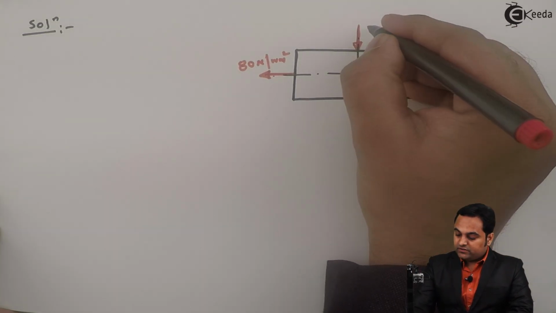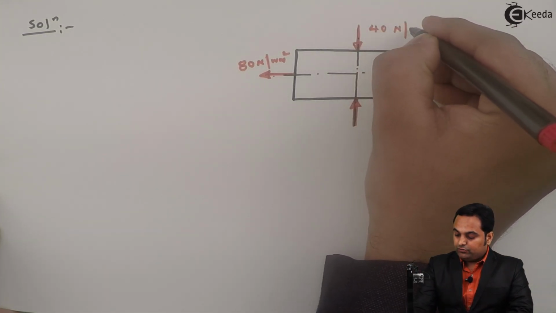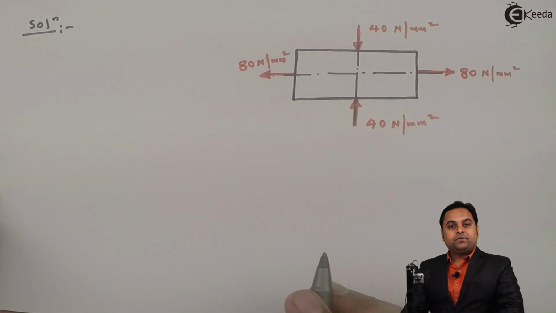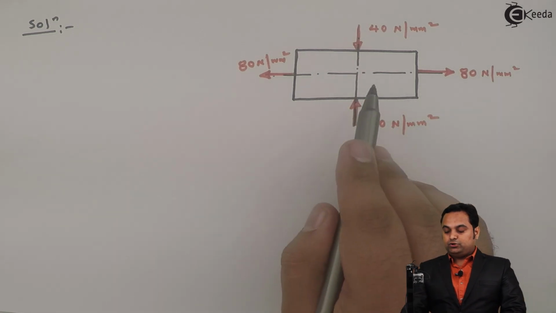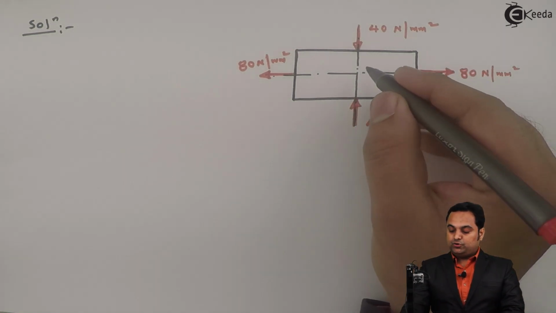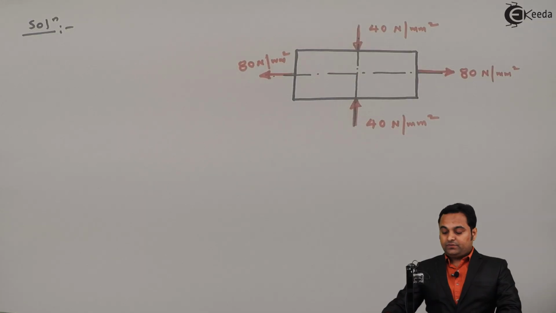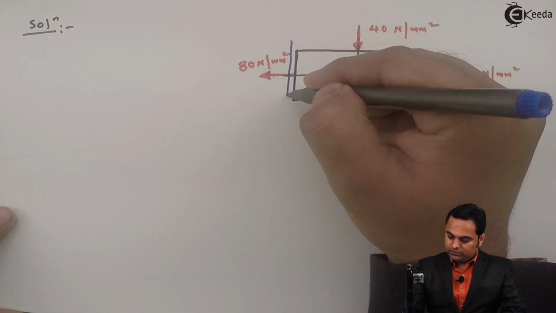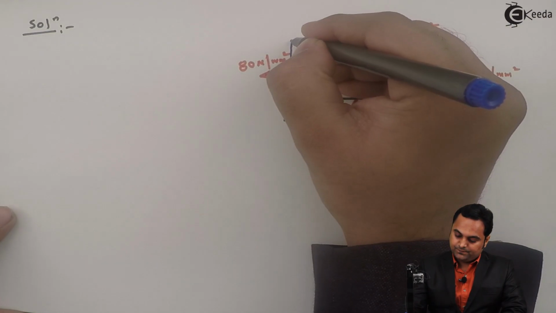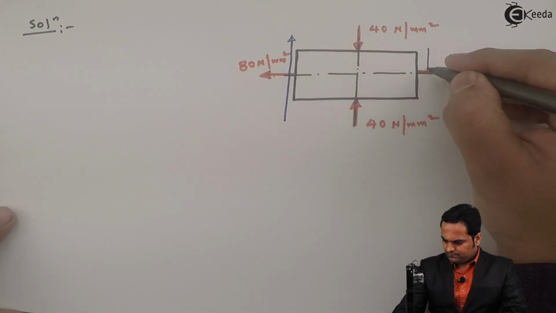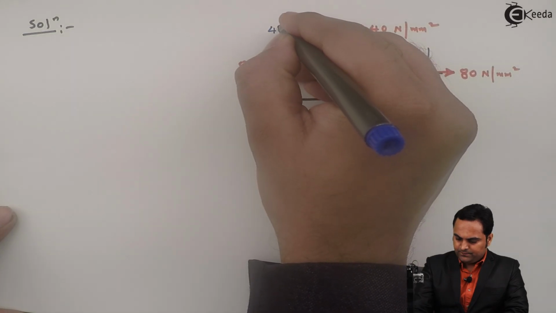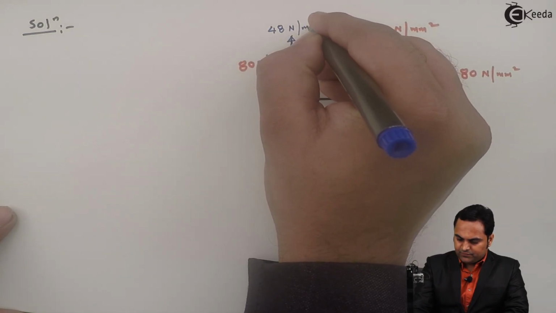Its value is 40 megapascal, that is 40 Newton per mm square. Now, along with these two stresses which are mutually perpendicular to each other, there is even shear stress which is given. So I'll denote the shear stress here. The value of shear stress is 48 megapascal, so 48 Newton per mm square.